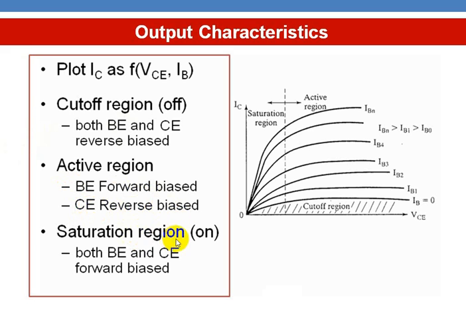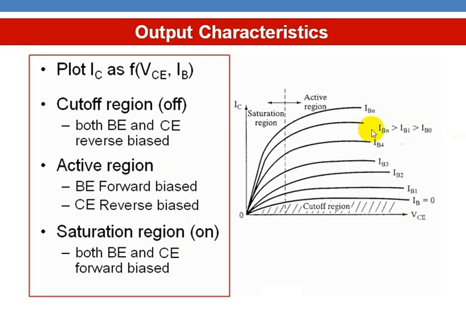In the saturation region, both junctions are forward biased, and the device will be fully conducting current. The active region is this region, and the cutoff region is this part. When the base current is made zero, the transistor will not be conducting current, it will be in the off state. So in the saturation region the transistor is fully on, and in the cutoff region it is completely off.